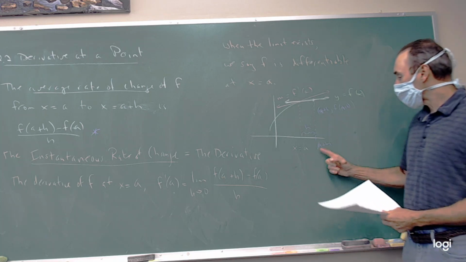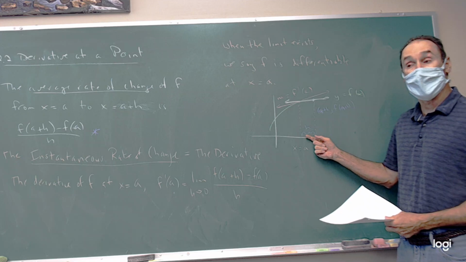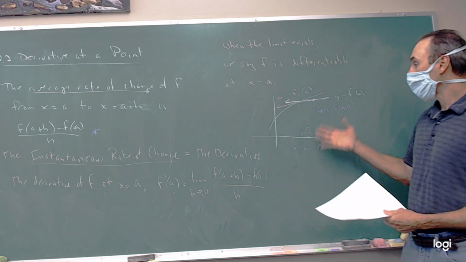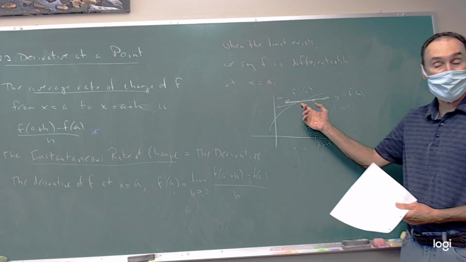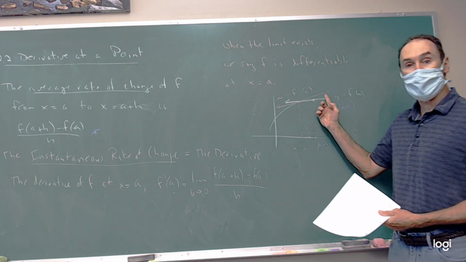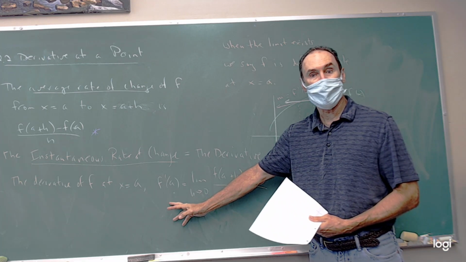Once we push that h to 0, we move that point over and over, and if that limit exists, then what we find from that limit is we can call it the instantaneous rate of change, or we can call it the slope of the tangent line, or we can call it the derivative f prime of a.